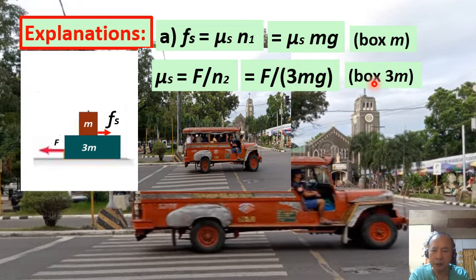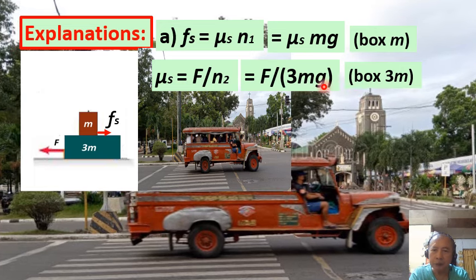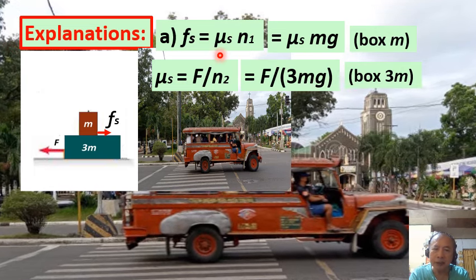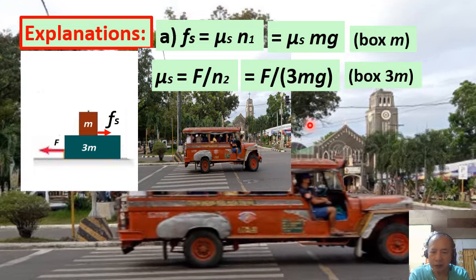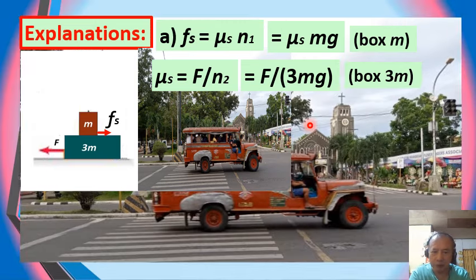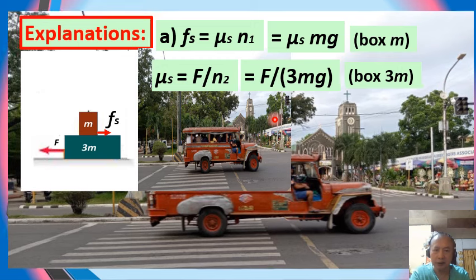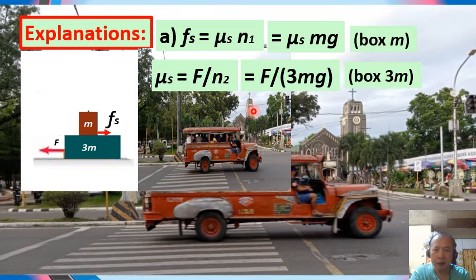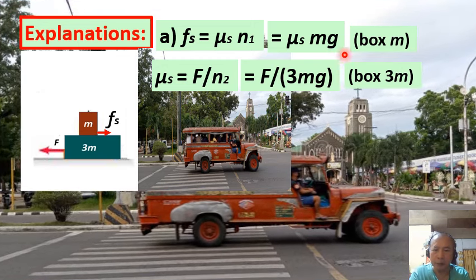Take note that the question in letter A is what the static friction is on the smaller box.